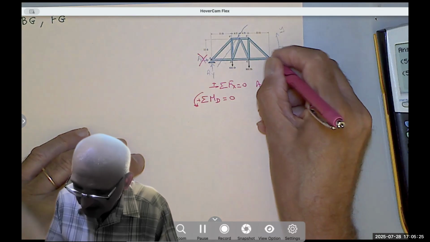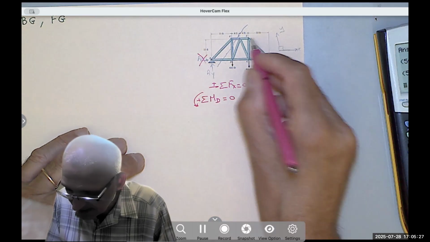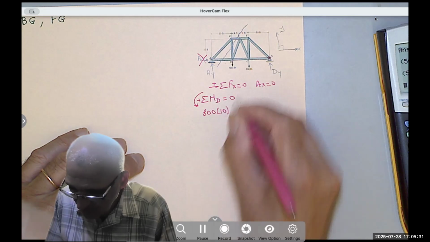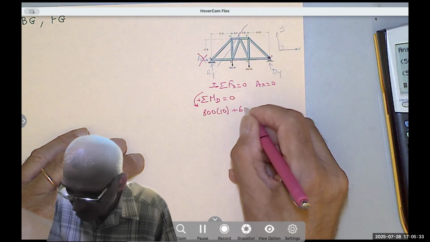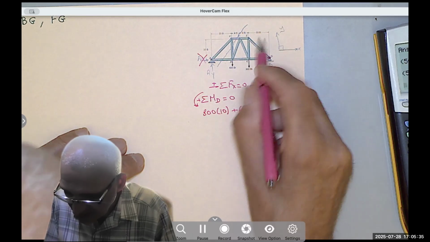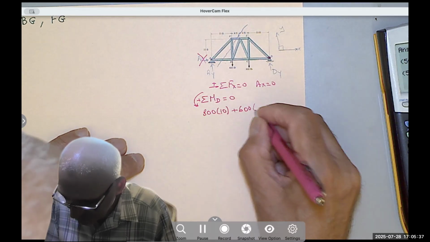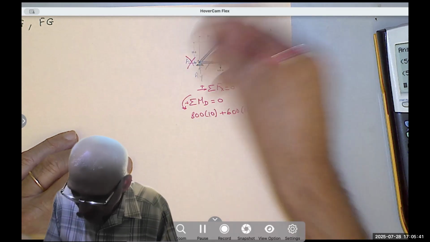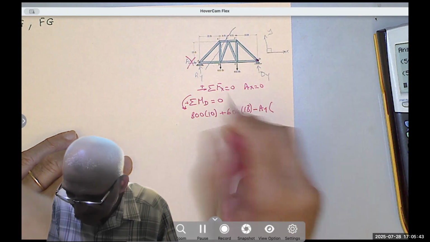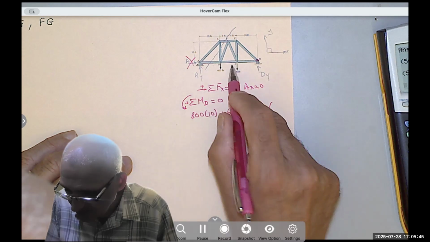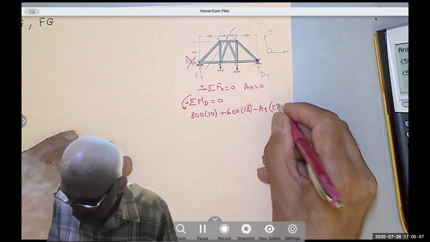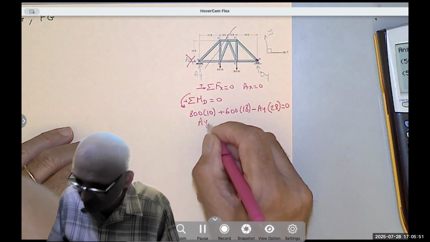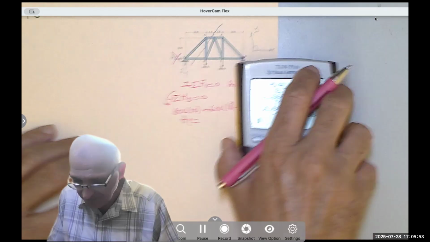When I take the moment here, 800 times 10 is positive, plus the 600 times 18 is also positive, but the AY is rotating clockwise, and that whole distance is 10, 14, 28, equals 0. And then I solve for AY, which would be a positive value, right?